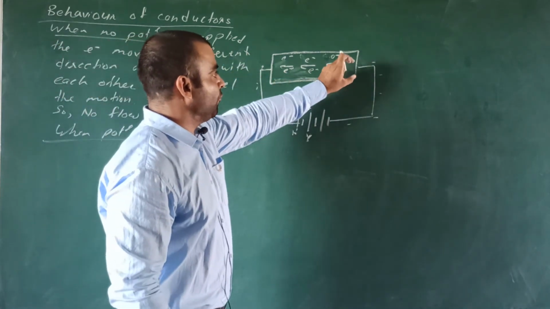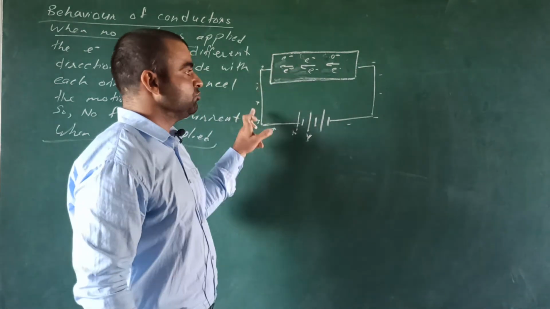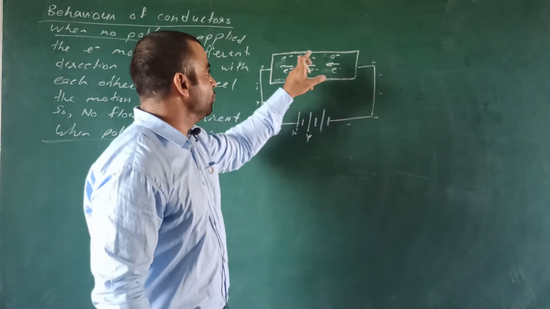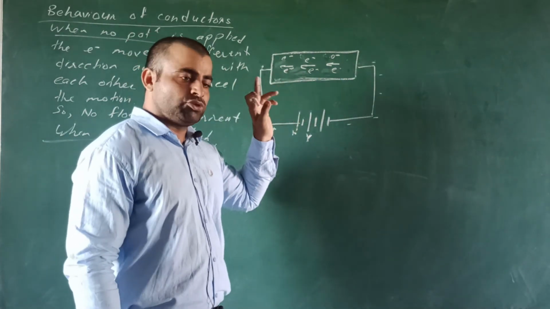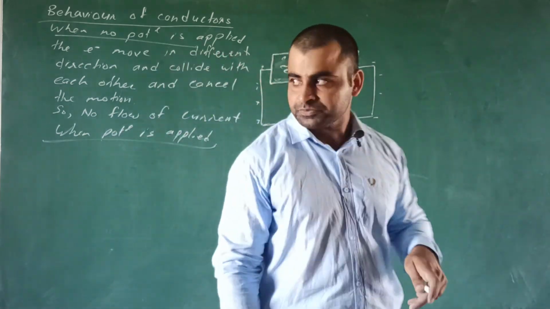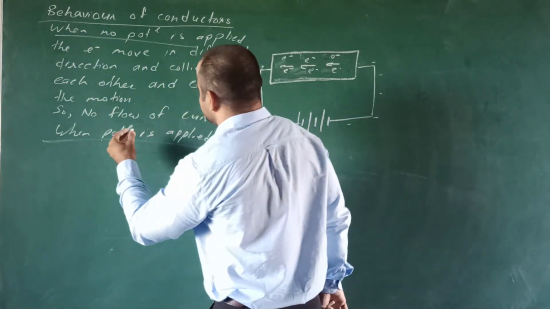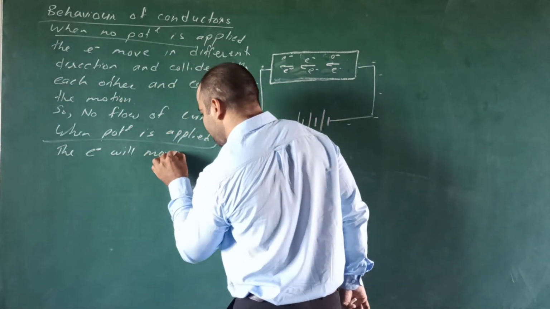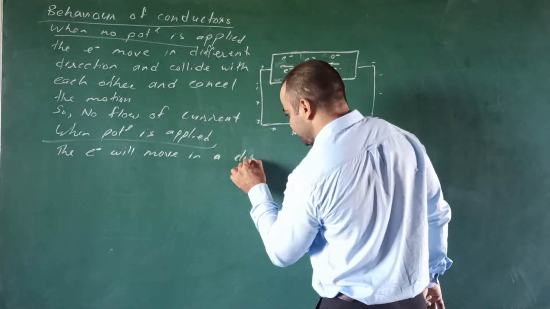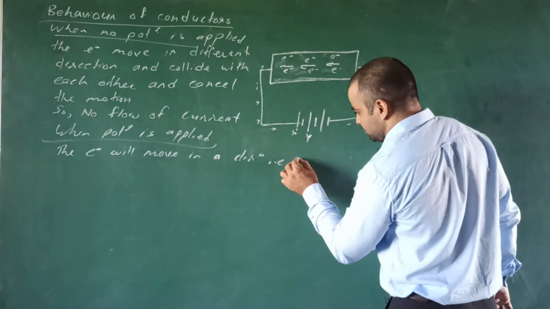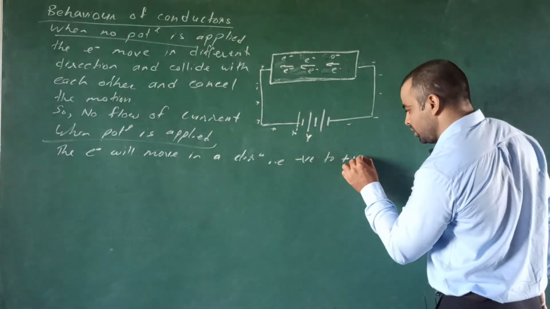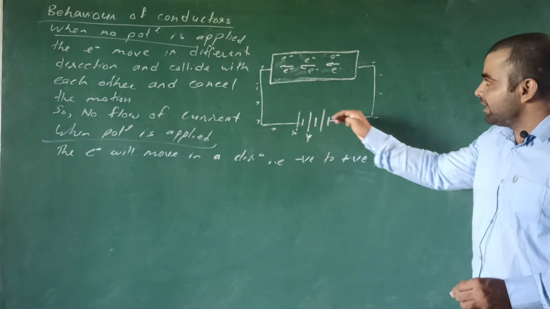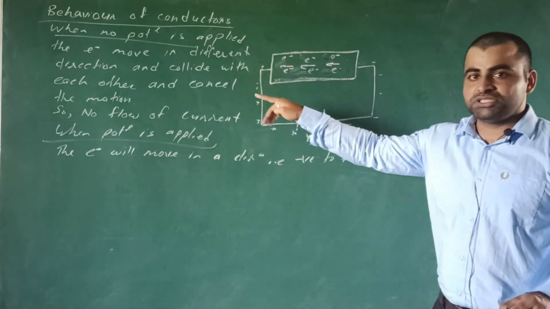So there is a flow of electrons from negative to positive terminal. When potential is applied, electrons will move from negative to positive terminal.